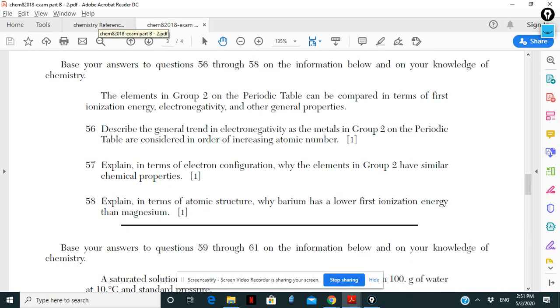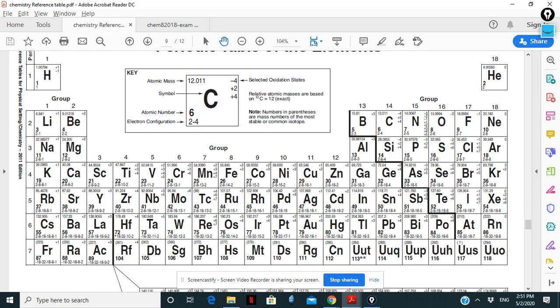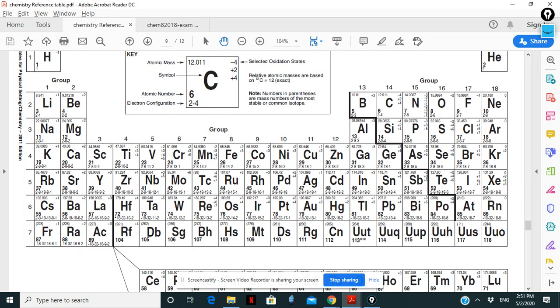Now explain in terms of electron configuration why elements in group 2 have similar chemical properties. So if you're looking here, the valence shell has 2.